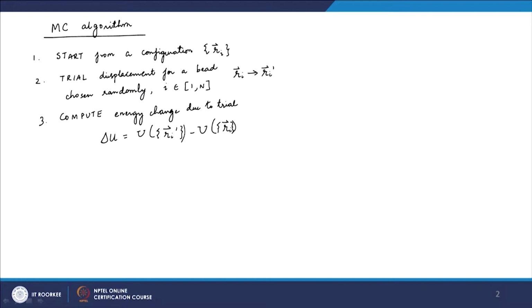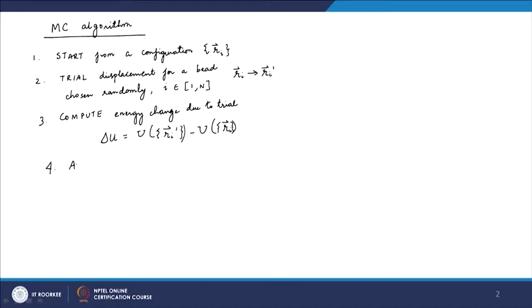Keep in mind that all the energies that we have discussed, like the elastic energy and the excluded volume interactions or Lennard-Jones interactions, they all depend on distances. So, as soon as any bead is moved, all these interactions are changed, and that is why we are interested in the energy change from the move.